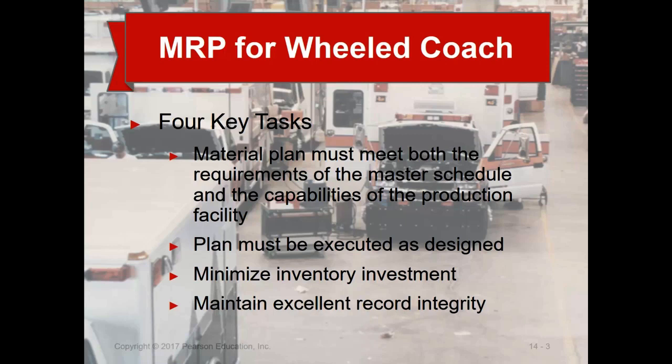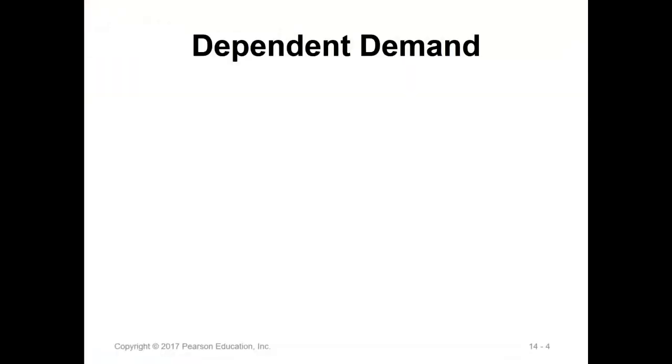So they have to maintain good inventory and minimize their inventory investment. The next one is to maintain excellent record integrity. So they monitor their inventory correctly and do a quick update. Actually, this company does a daily update of their inventory.